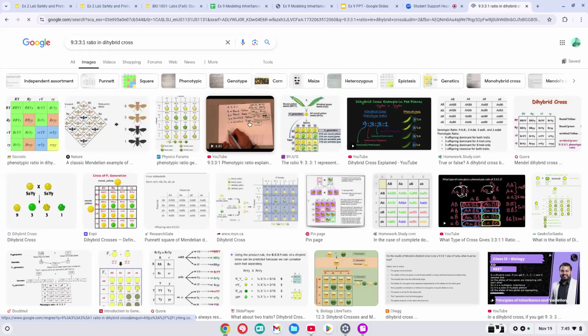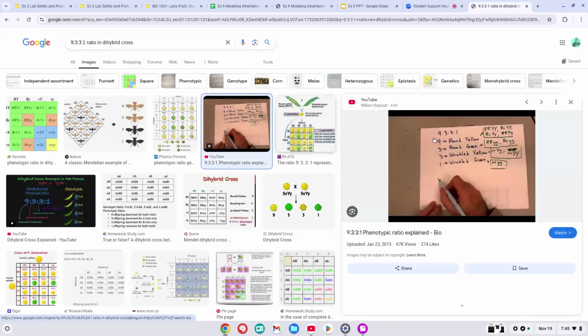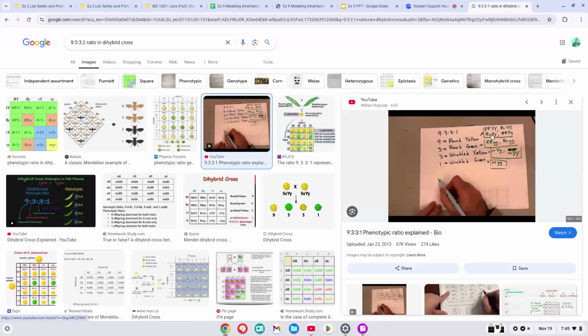So we may expect to see 9 individuals that express the dominant phenotype, right? We may expect to have 3 that express a dominant recessive phenotype, then 3 that express a recessive dominant phenotype, and then 1 that's completely recessive. And that's where that ratio comes from. This is a different experiment, but that's kind of the way we want to see that.